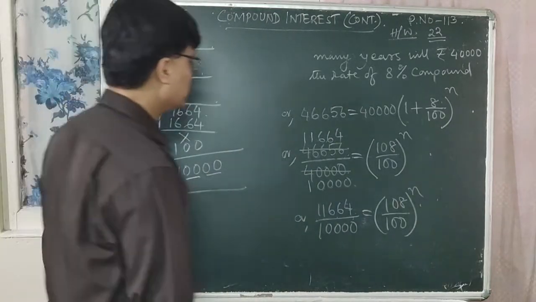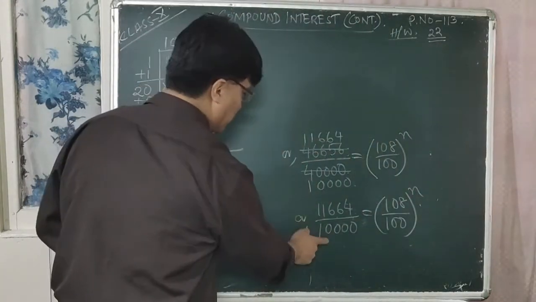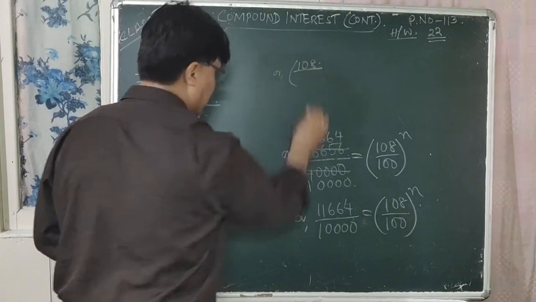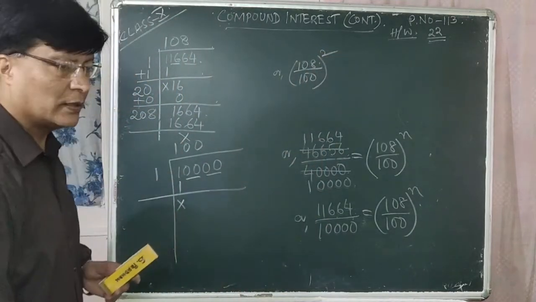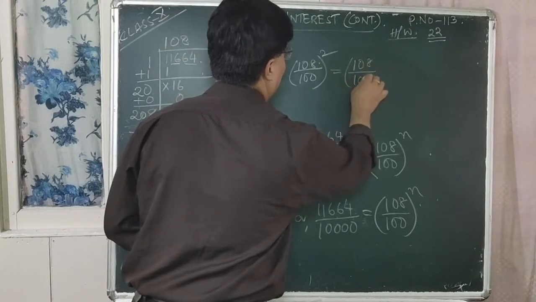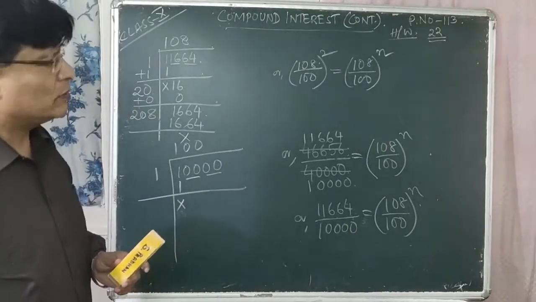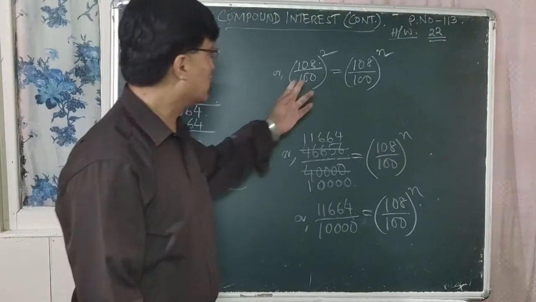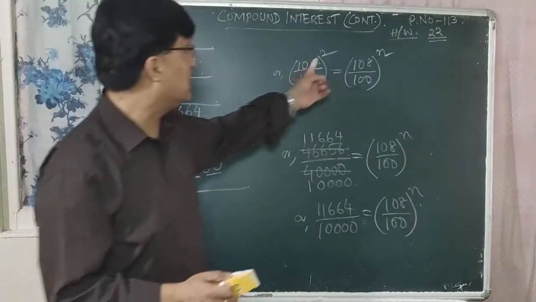Okay. So now let us write here. Now, 108 divided by 100 whole square is equal to 108 divided by 100 whole to the power n. Now in class 9, I think you did laws of indices. So this is known as the base. 108 by 100 is known as the base, and this is the power.